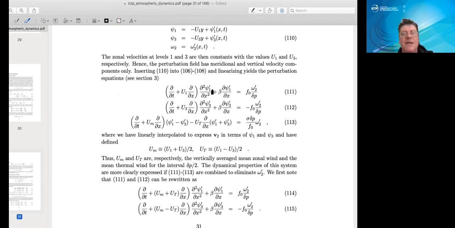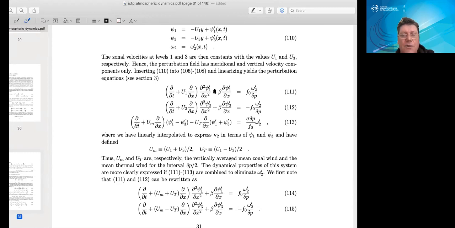We have our three perturbation quantities: psi 1, psi 3, and omega 2. And we have three equations. So this will solve this linear set of partial differential equations.